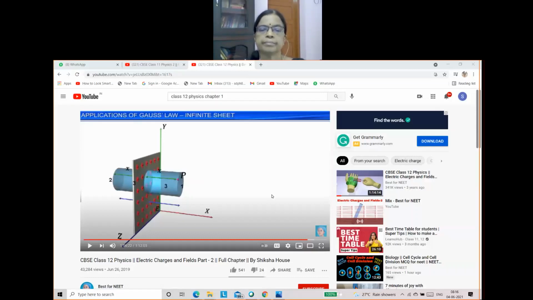You can see a cylinder which has three surfaces.